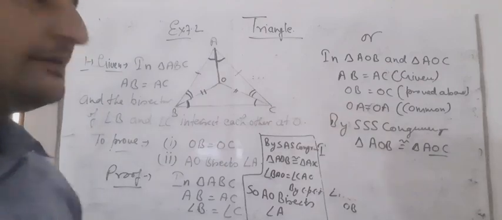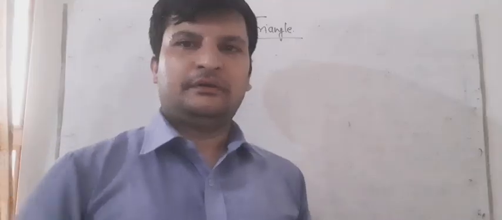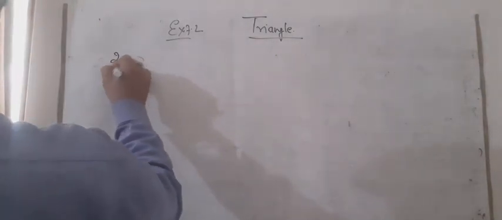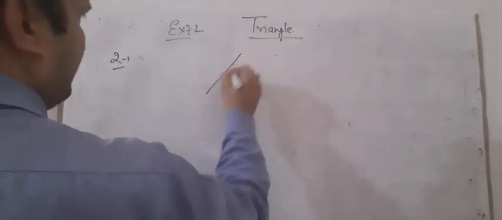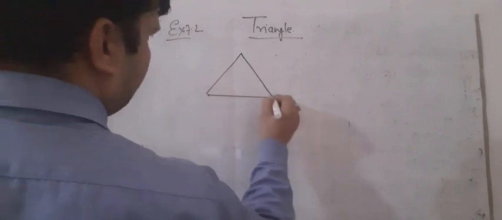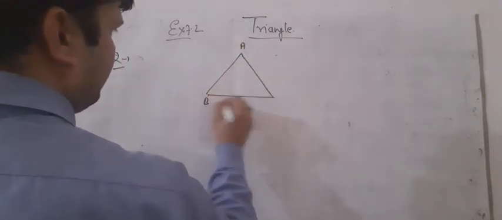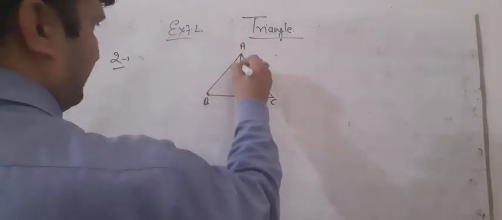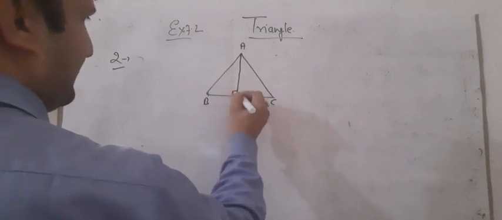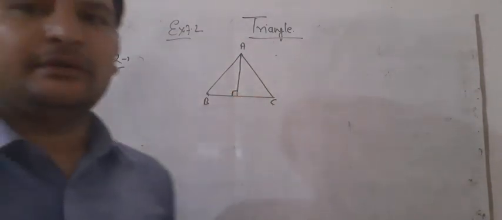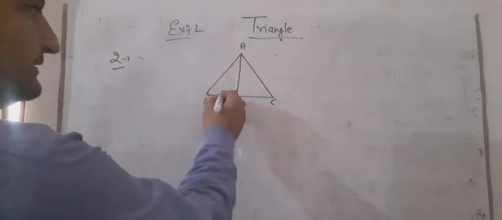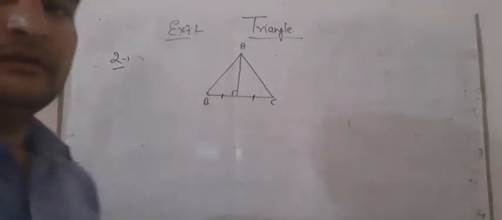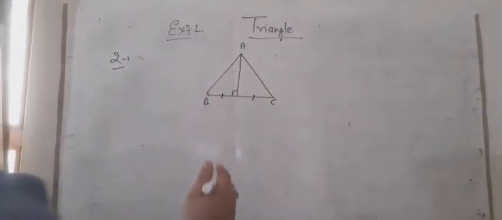After this we will start question number 2. Now students, question number 2 is given that triangle ABC is like this, and it is given that AD is the perpendicular bisector of this one. Perpendicular bisector means this side is equal to this side, and this angle is 90 degrees, and we have to prove that.